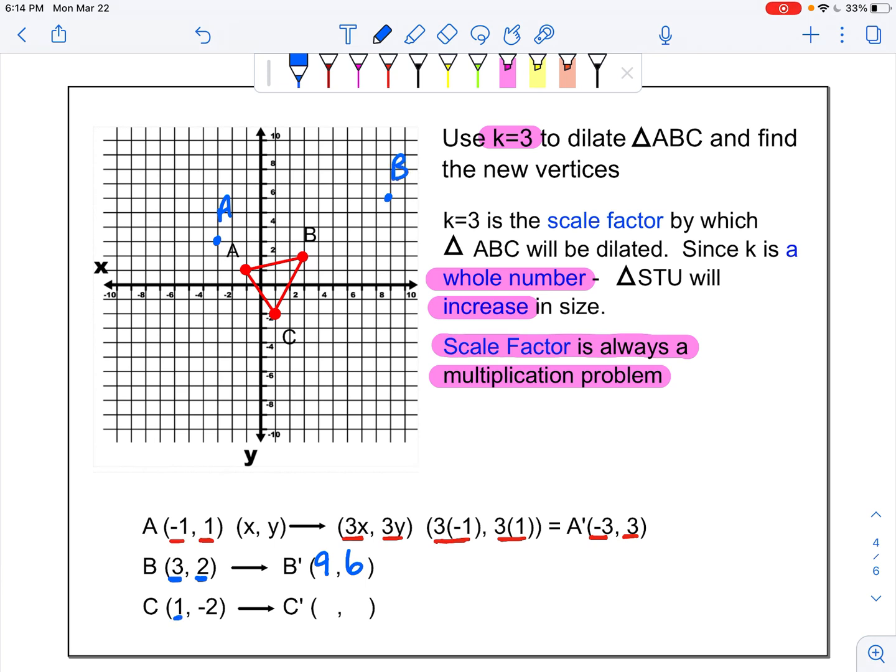And then my c, I have a 1 times 3 is 3. -2 times 3 is -6. So I'm going to come over here to 3, and there's my 6. So I'm going to come down like this, up to the b, and you can see it got considerably larger, 3 times larger.